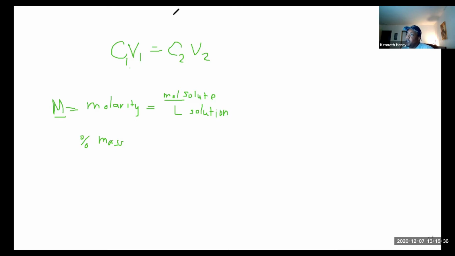So for instance, if I tell you we're going to make a solution from our stock solution, which is 1 molar, that's moles per liter.